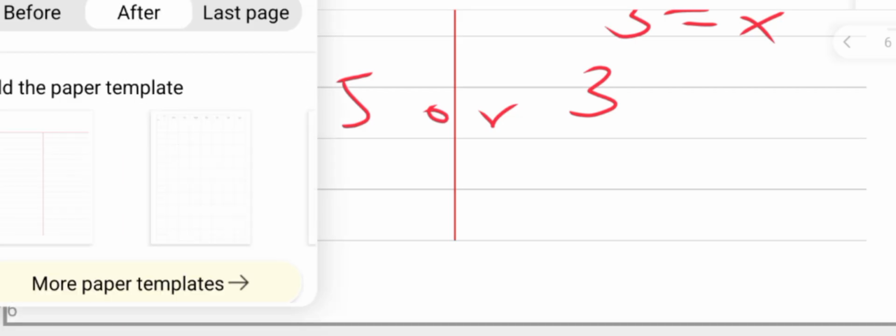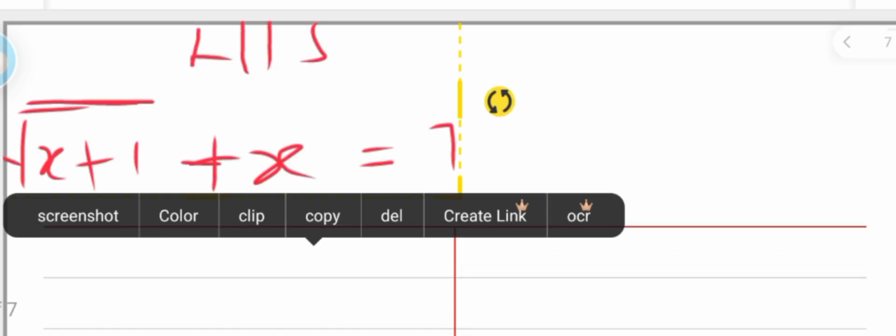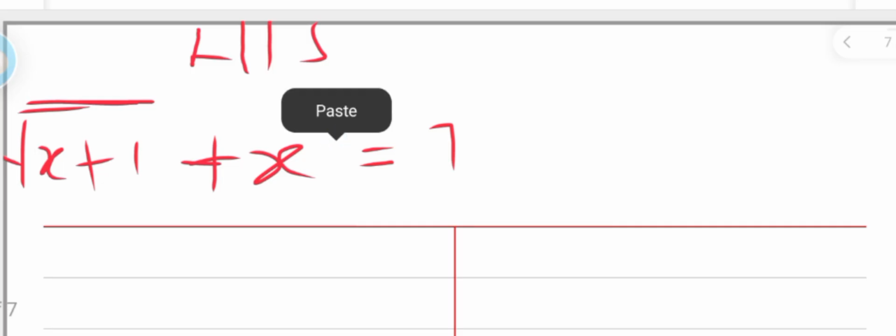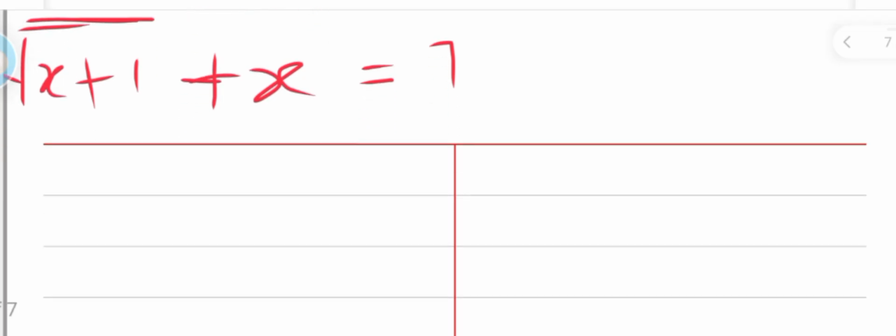Let's add one more page. Let's see. This was our question. Yes. Oh, there's a 2 in front there. So let me just, so our question was 2.